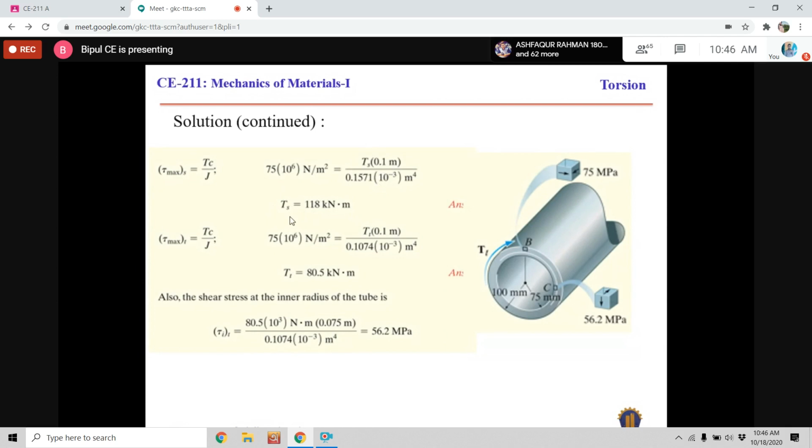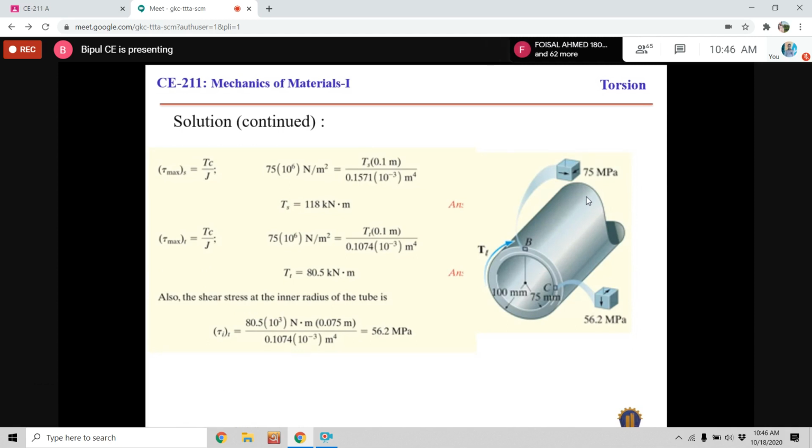That is the maximum torque that can be applied to the shaft so that the shaft will not fail. For the tube, the equation is this, and after substituting all the values of tau, C and J, the value of maximum torque is this. It is the maximum torque, and the shear is okay.